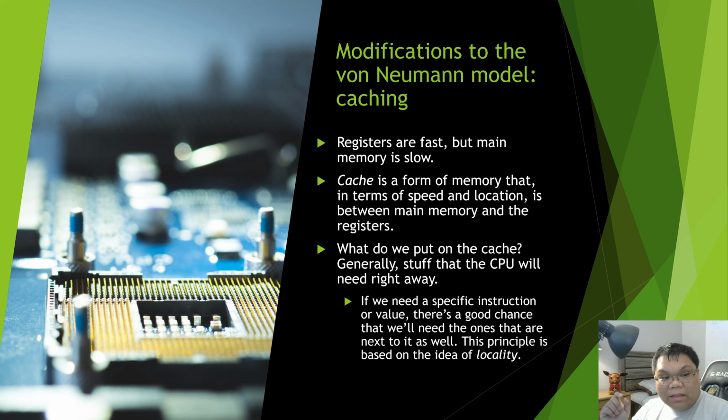But the point is, if we need to access something from main memory for the first time, say we need to read something from address 1000, there's a good chance we're going to need something from address 1001, 1002, 1003, 1004, 1005, and so on. We'll just get the whole block of, say, the next 100 places in memory and copy all of that into cache.